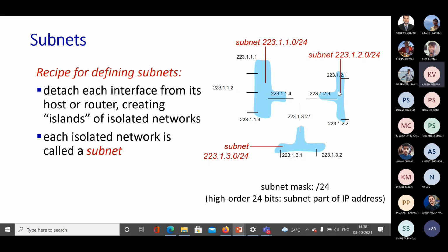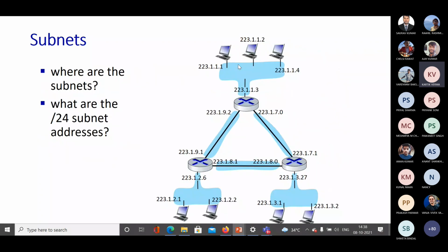Now, can you tell, in the given diagram that we can see here, how many subnets there are? Can anybody tell how many subnets are there in this diagram? Ma'am, is it 3? How are you saying 3?